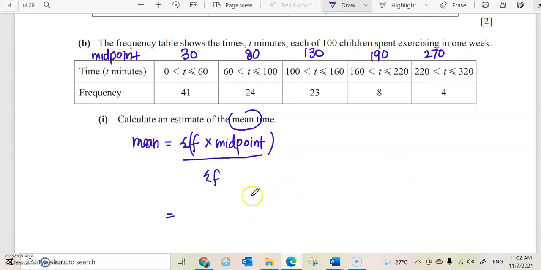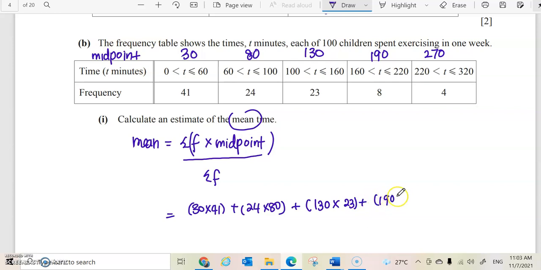So for this part, kita kali je dia punya total. So 30 times 41 plus 24 times 80. Okay, satu persatu. Saya nak nasihatkan awak untuk tulis one by one. Because in case kalau awak punya ni tersilap, frekuensi ke midpoint tersilap, satu je tersilap, awak masih dapat satu markah.